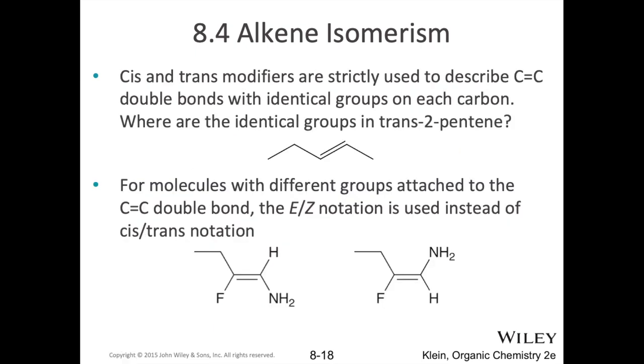Okay, so let's talk a little bit about that EZ notation I mentioned. Basically, with cis and trans, you can only do it when you have comparable groups. So for example, I would call this trans 2-pentene because I have a hydrogen here and a hydrogen here. That shows me that my hydrogens are on opposite sides of my double bond.